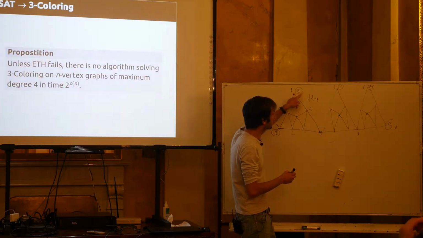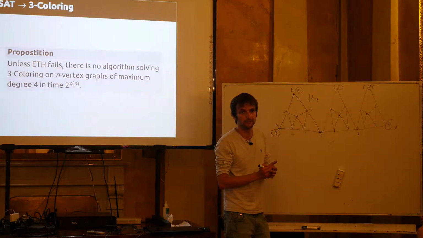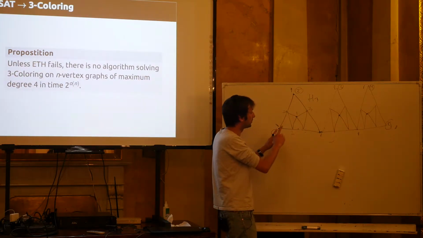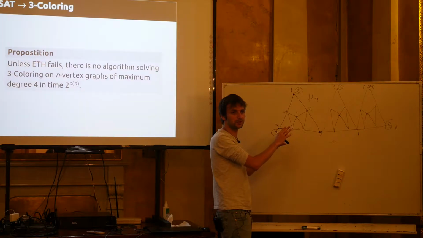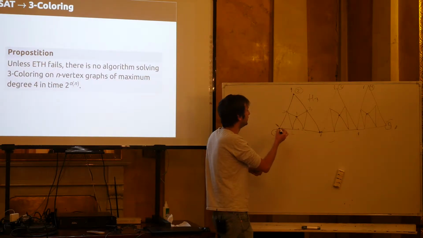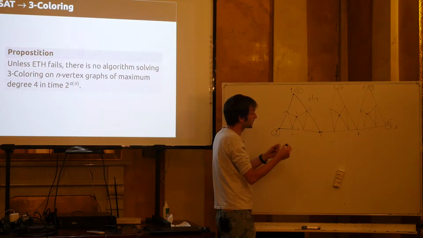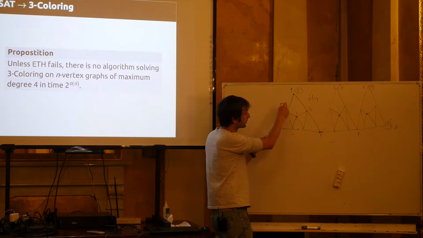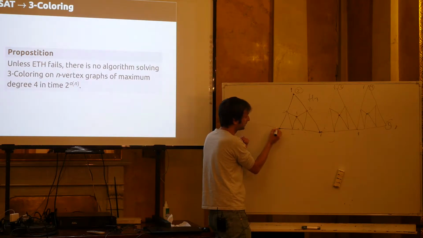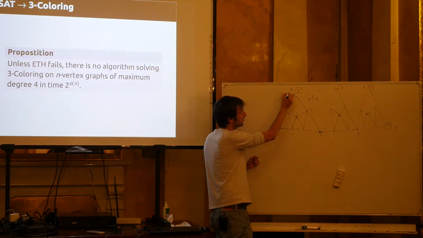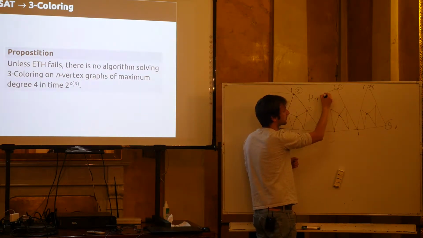So in particular, all the sockets are colored 1. And note that the degree of every vertex here is at most 4, and each socket has degree only 2. So once I have a large degree vertex, I just draw such a gadget and split its neighbors into the sockets.